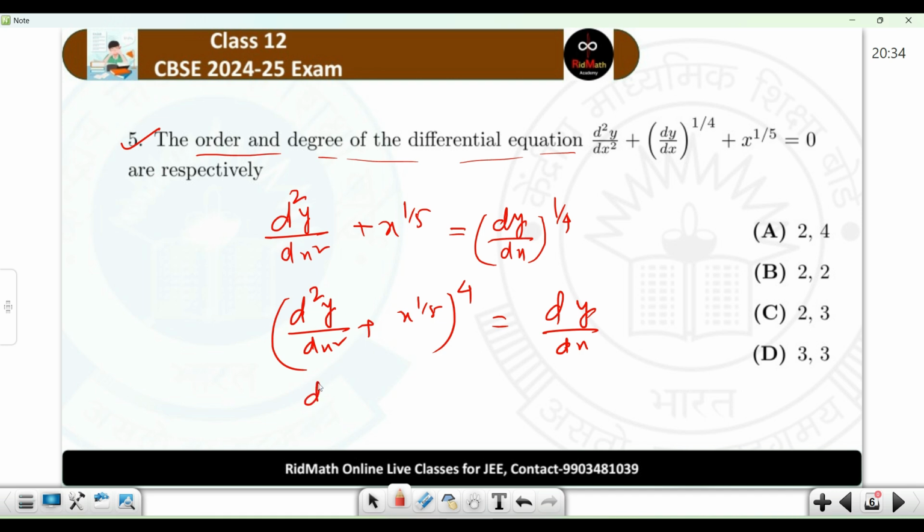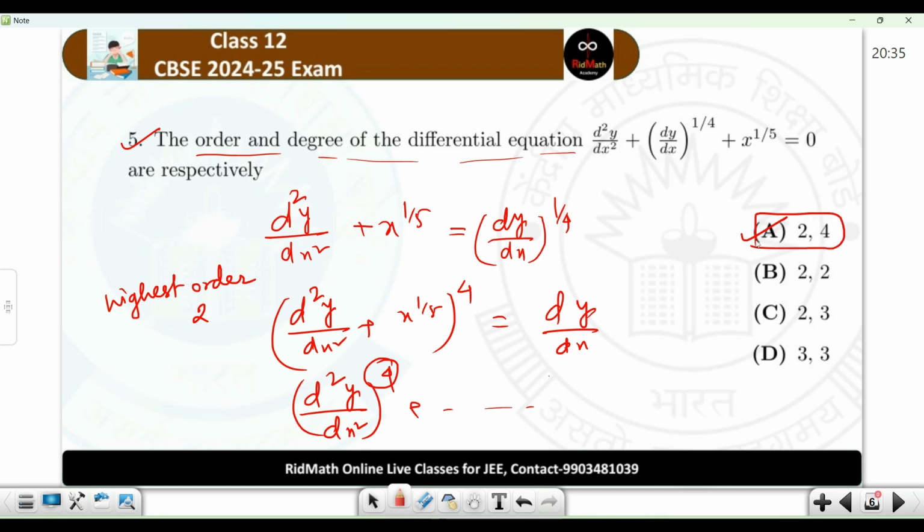So this would give d square y by dx square whole to the power 4 and other terms. So here the highest order of differentiation is 2 and the degree of the highest order is 4. That means A, 2 and 4, is the correct option. The order is 2 and degree is 4.